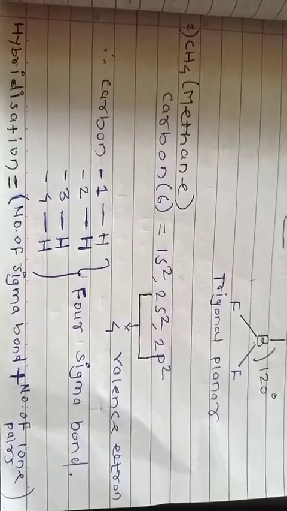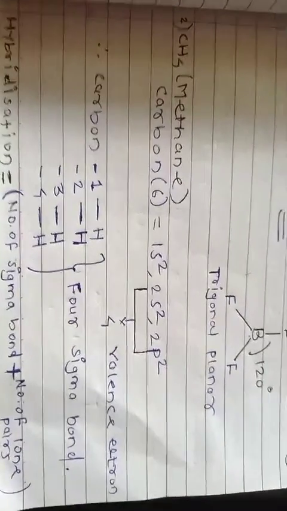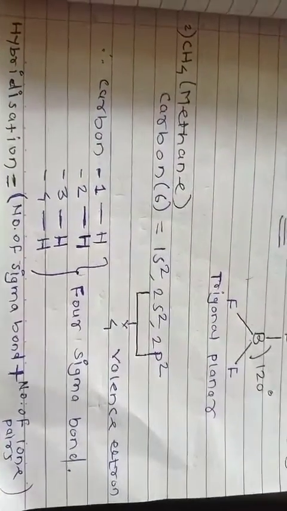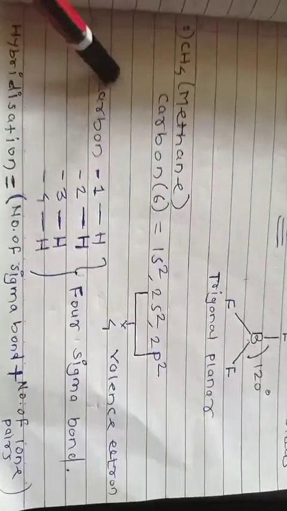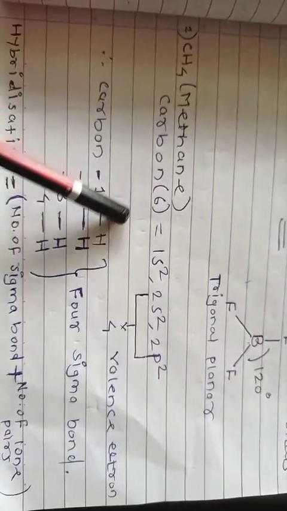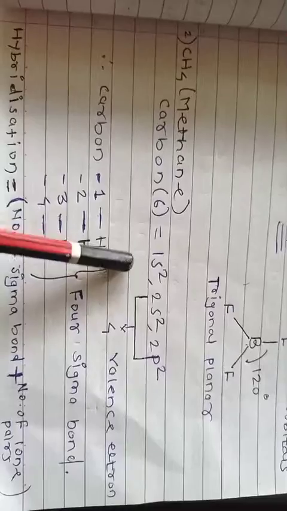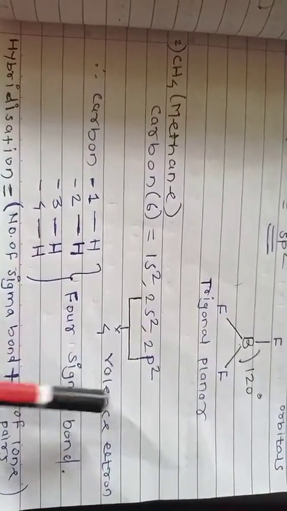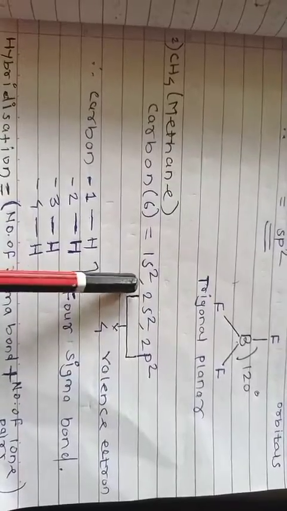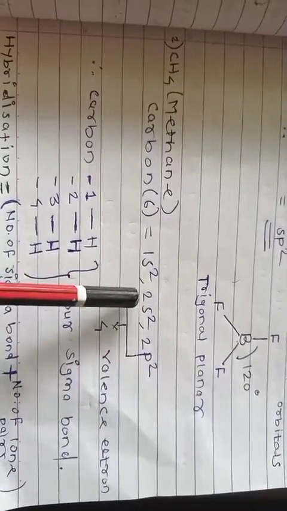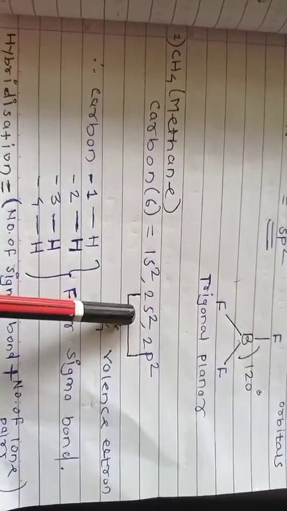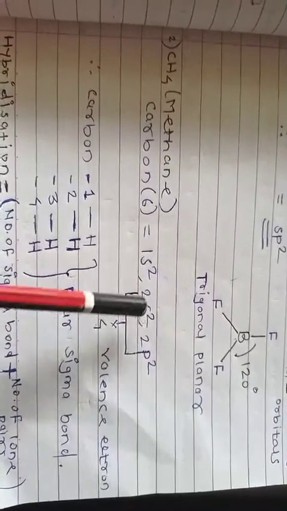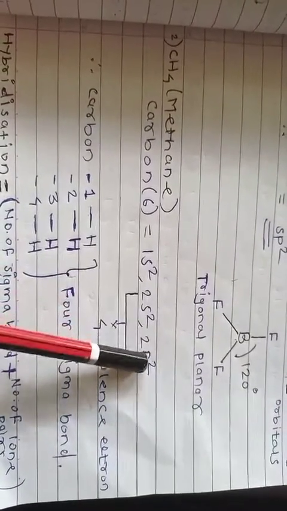Now take another example, the second example, that is methane. So we know the first step is to find out the hybridization. Carbon has atomic number 6, so the configuration is 1s2, 2s2, 2p2. In the second shell, 2 orbitals are present, 2s and 2p, carrying 4 valence electrons.